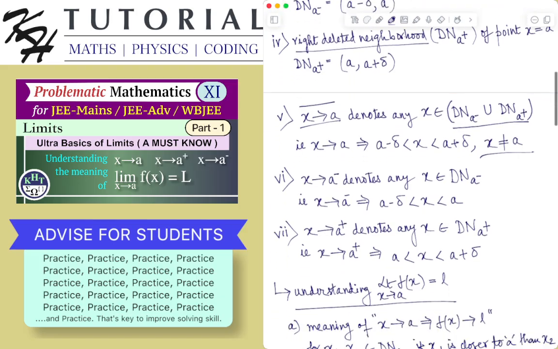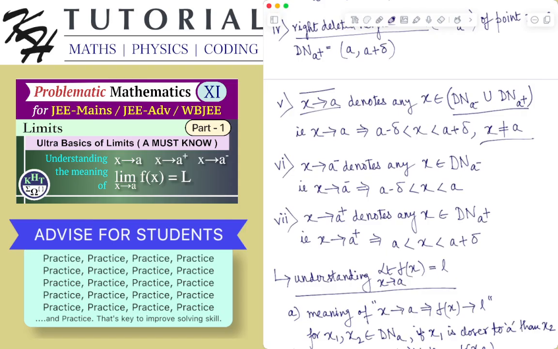The same concept applies for x tending to a plus. X tending to a plus means the value of x is approaching towards a from the right hand side. That is, you consider any value of x which is extremely close to a but greater than a.